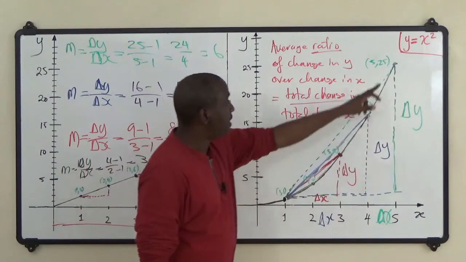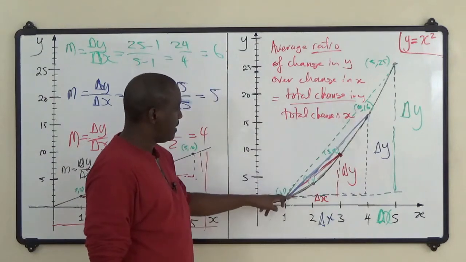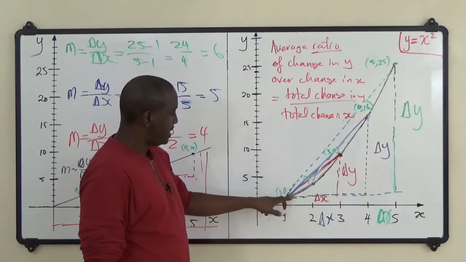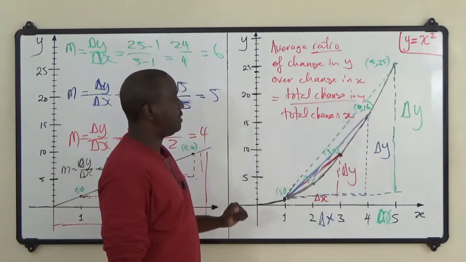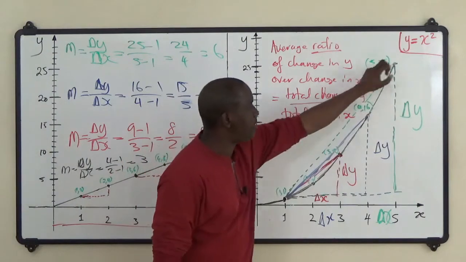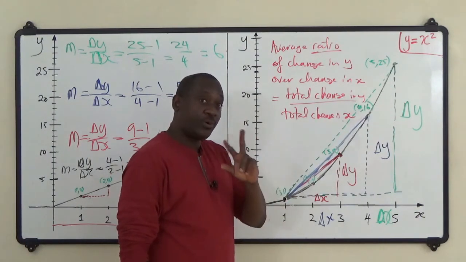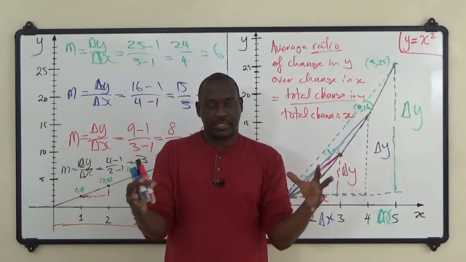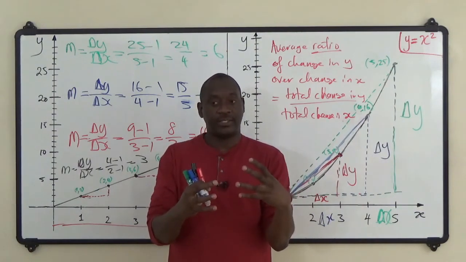Alright? So the gradient between here and here is different to the gradient between here and here, is different to the gradient between here and here, is different to the gradient between here and here. And yes, the gradient between here and here will also be different. And the gradient between here and here will also be different. So in other words, any 2 points on this curve will have its own unique average gradient between those 2 points.